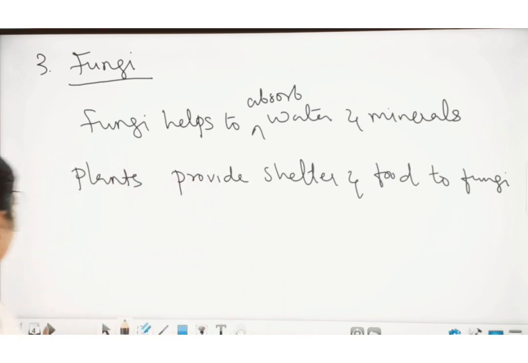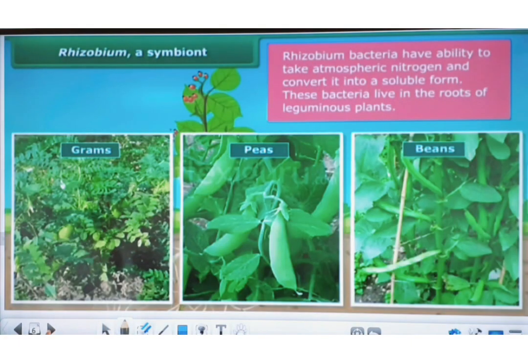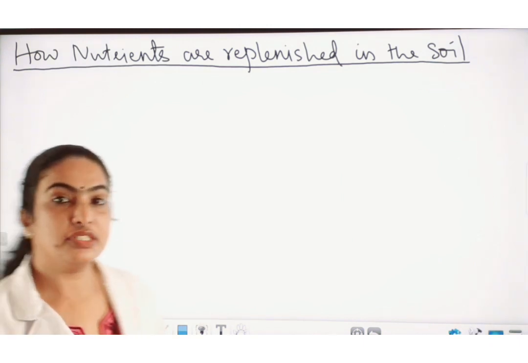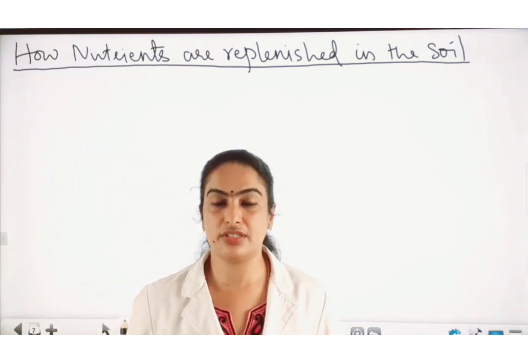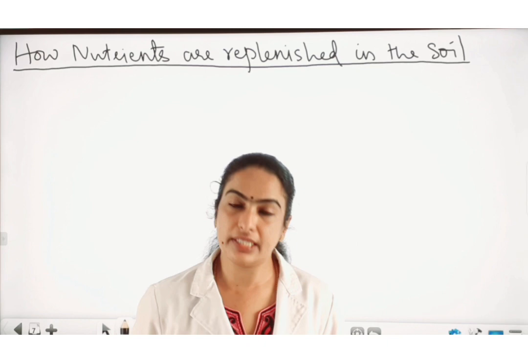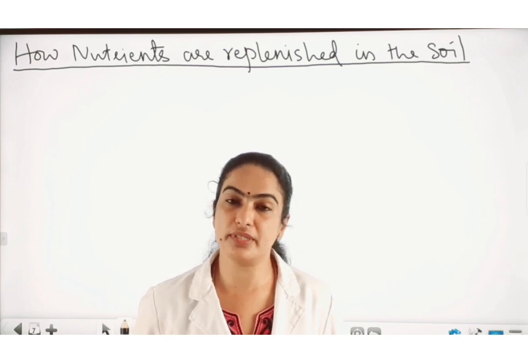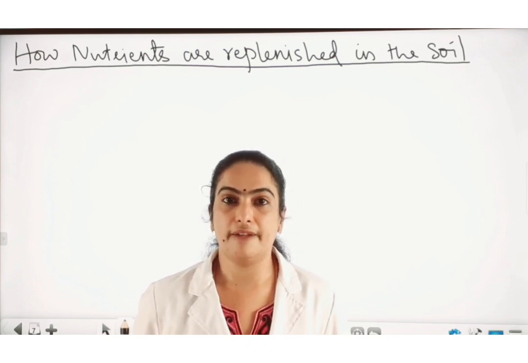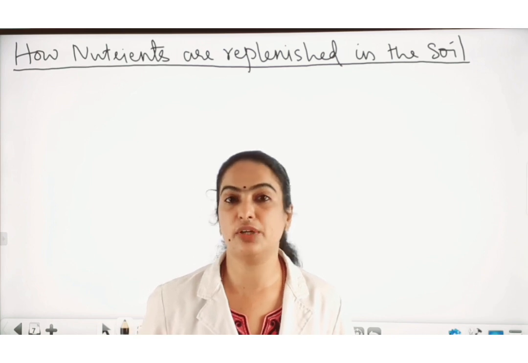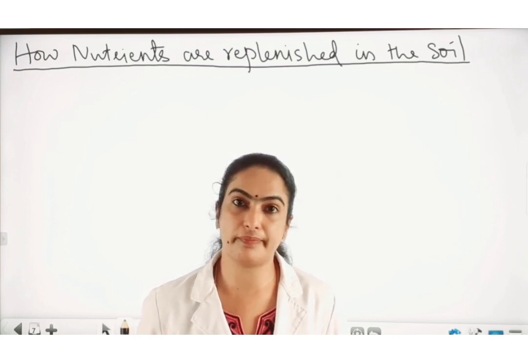Okay. Next we can see how the nutrients are replenished in the soil. See, due to the continuous absorption of nutrients from the soil, there is a chance of deficiency of some of the nutrients in the soil.